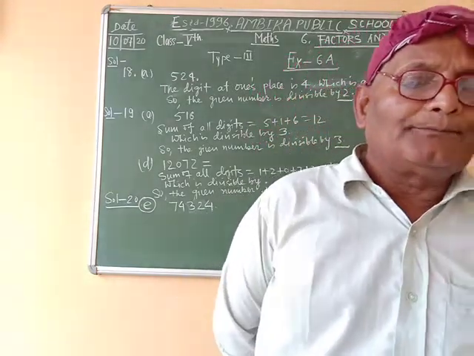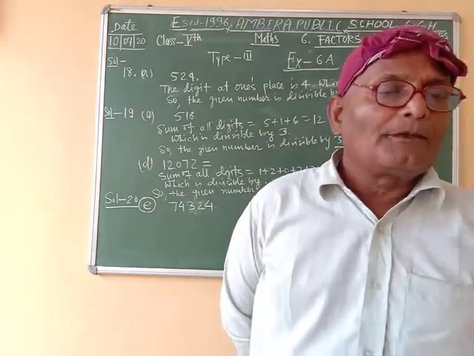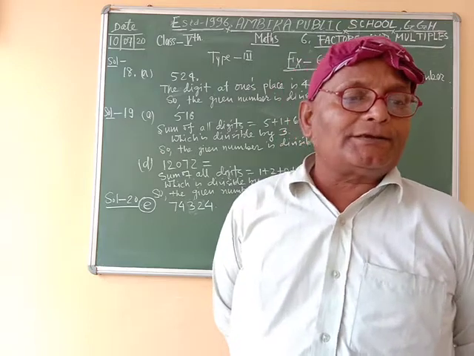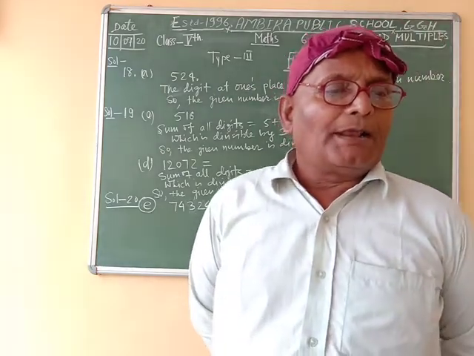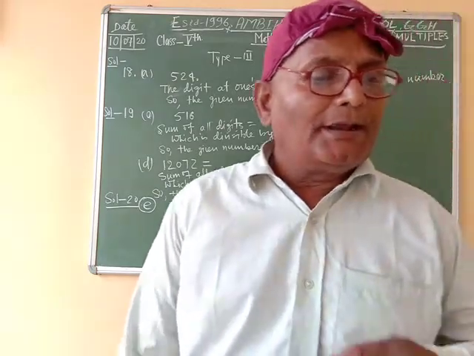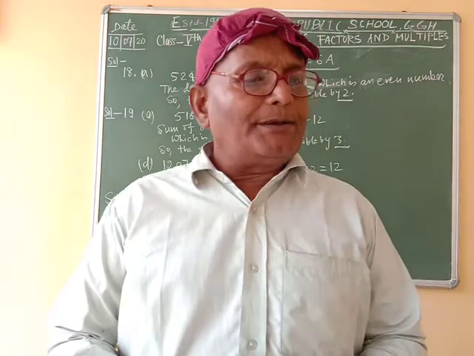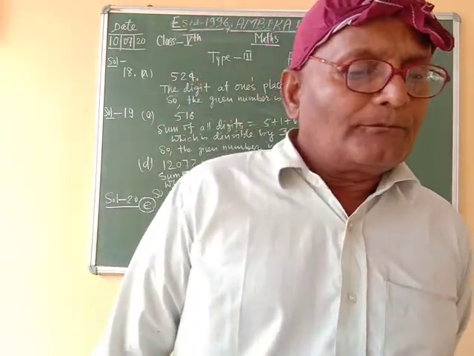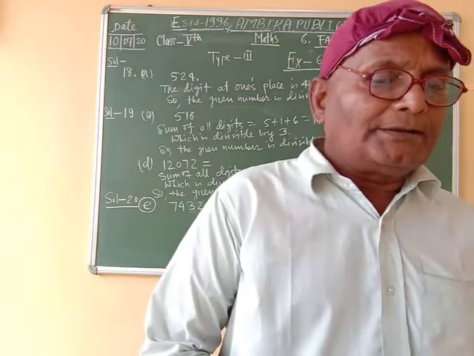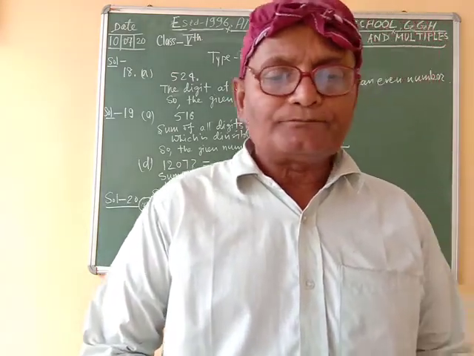We have learnt that a number is divisible by 4 if the number formed by the last 2 digits is divisible by 4. Then the whole number will be divisible by 4.